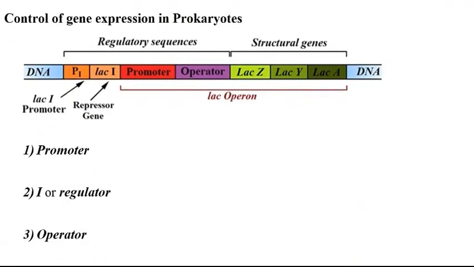In prokaryotes, it's not as complicated, but we do have one very famous example, which is the lac operon. And so here I'm going to discuss the lac operon and how it works in prokaryotes. So all the mechanisms of gene regulation that we've been discussing so far were in eukaryotes. Now we've moved on to prokaryotes.